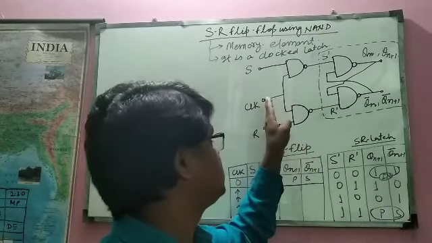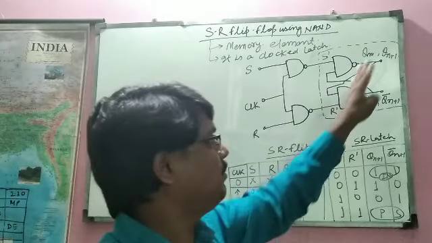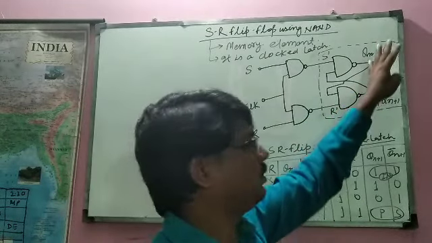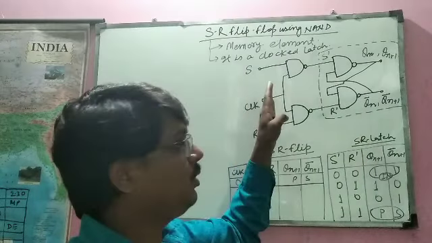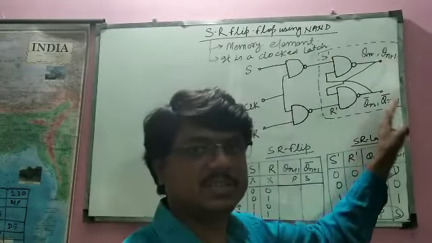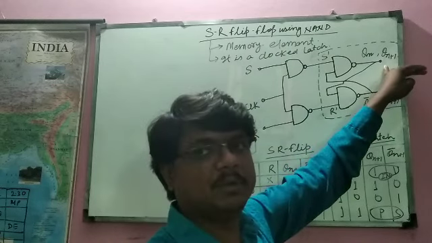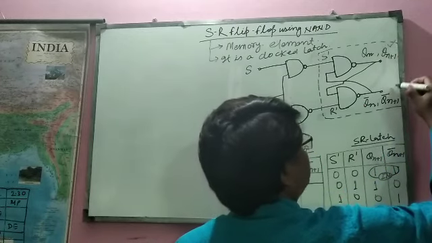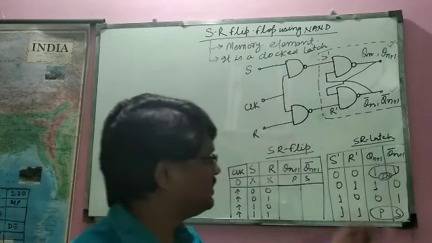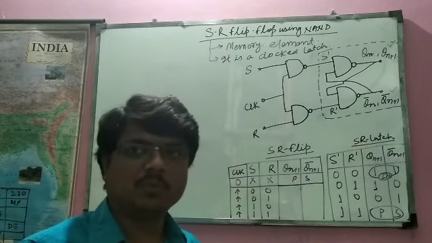When the input is being given, the output at that time is Qn. But after providing the input, the state will change, and after changing it becomes Qn plus 1. So this is our required output, Qn plus 1 and Qn plus 1 bar.